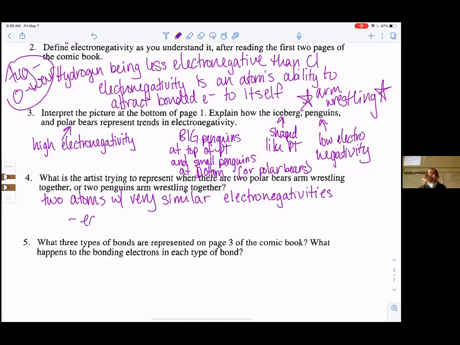So they have an equal pull on the electrons. So we've got an even match. Nobody's hogging anything. And when that happens, you're going to have a non-polar bond because the attraction for the electrons is equal.